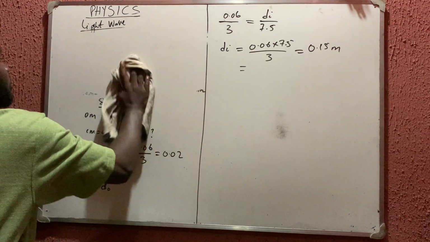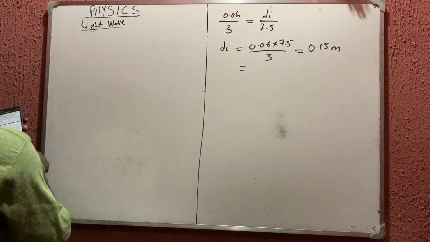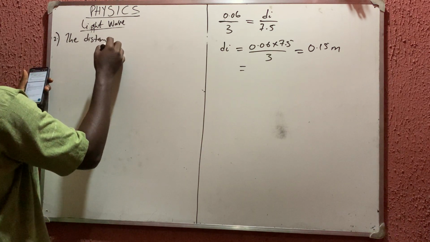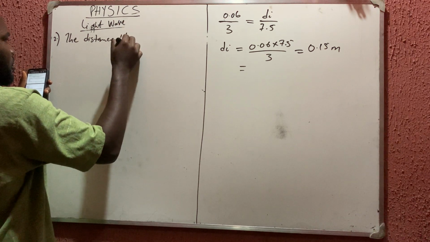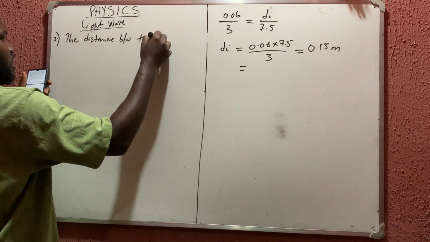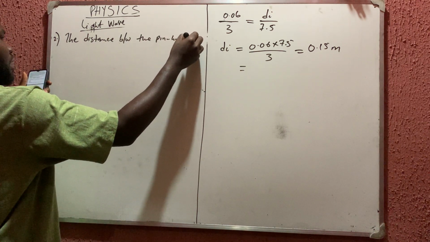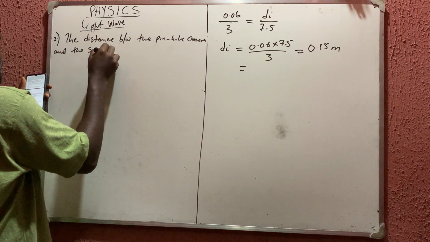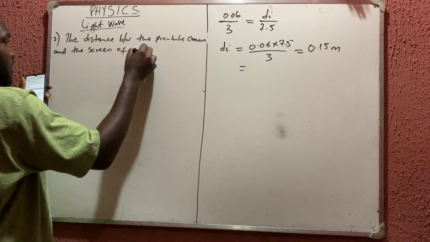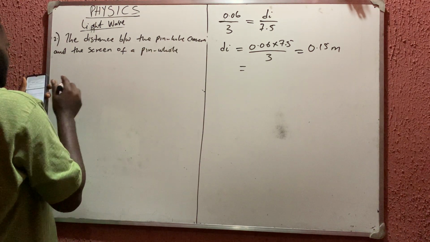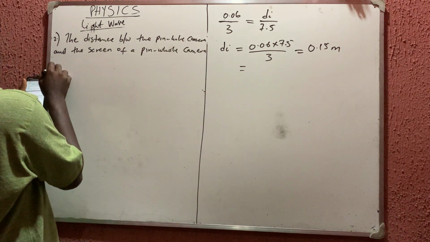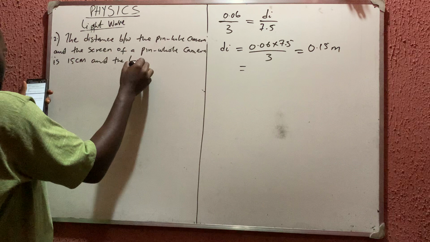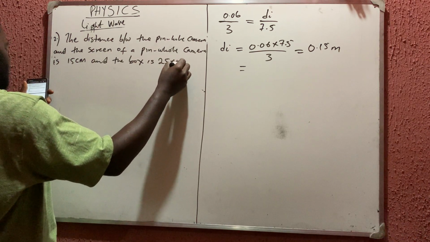Question number 2 says the distance between the pinhole camera and the screen of a pinhole camera is 15 cm and the box is 25 cm long.